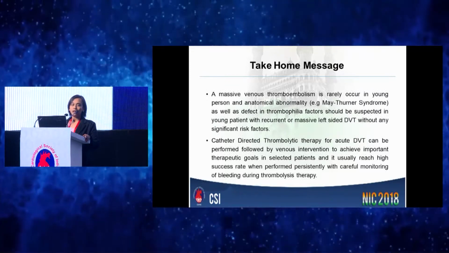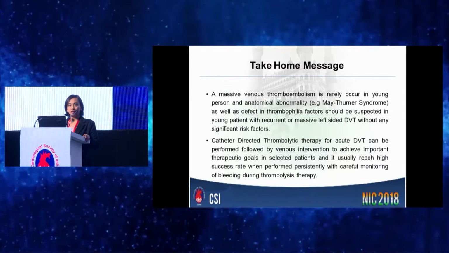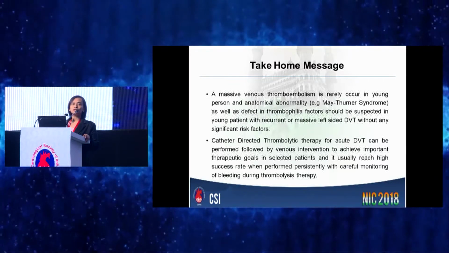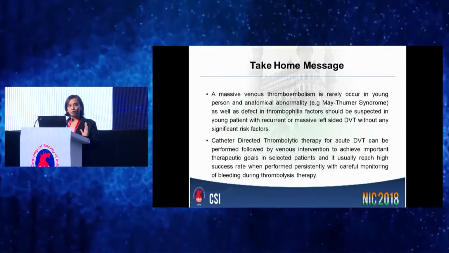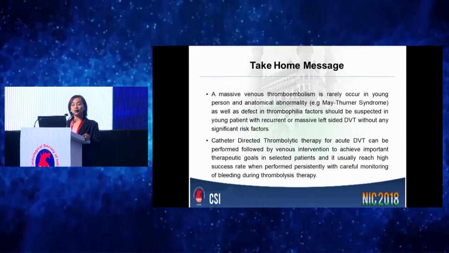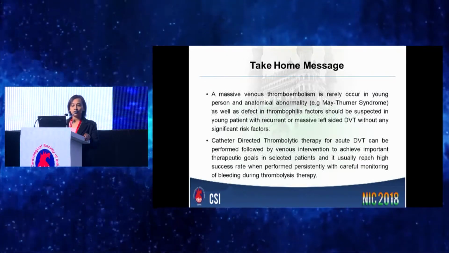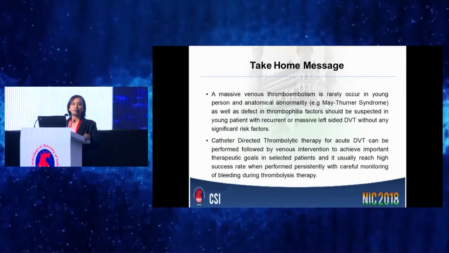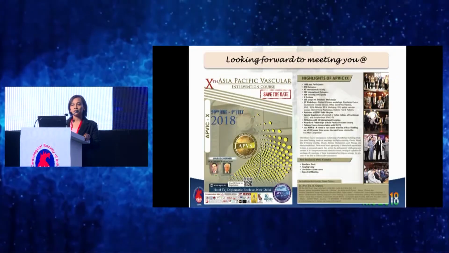And we have to evaluate with careful monitoring, because what we did here was a quite prolonged alteplase infusion. Some bleeding may occur, but in this patient it did not. So we may do it persistently, with very careful monitoring and clinical decision-making for this patient. Thank you very much.